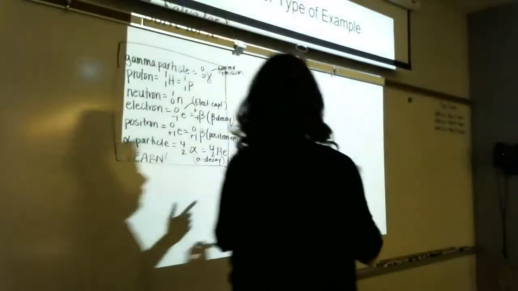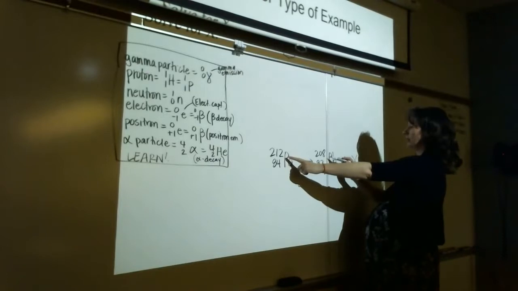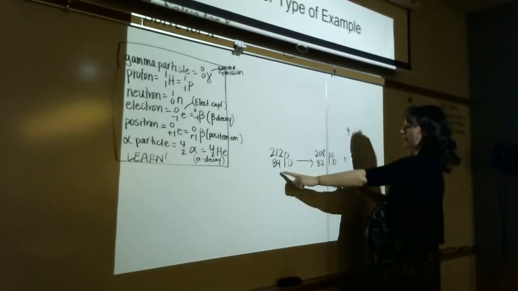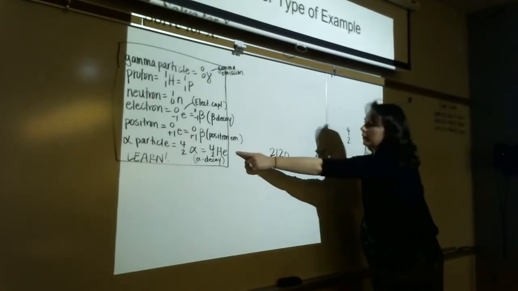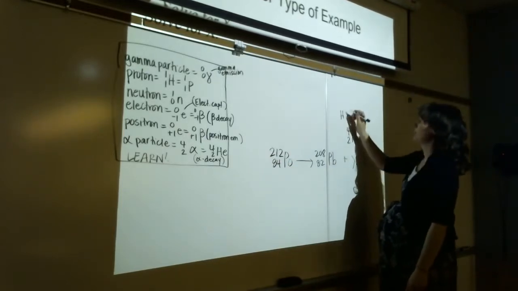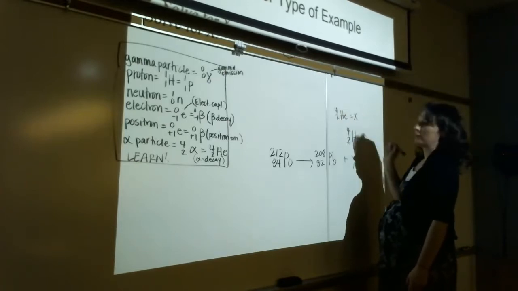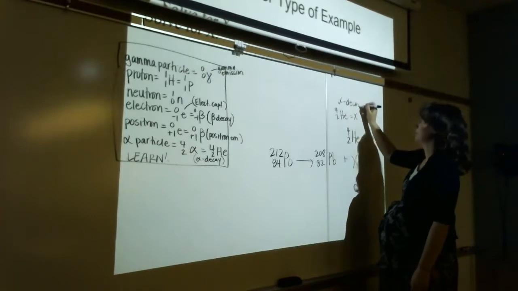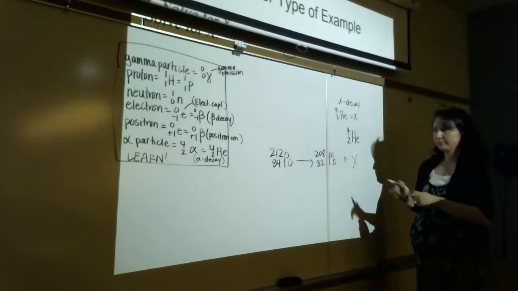We just have to follow the law of conservation of mass. 212 to 208, the difference there is 4. And the difference between here is 2. Well, there's only one that's got that scenario. So X equals, and so this must have been alpha decay. So you're just using the law of conservation of mass to solve for X.